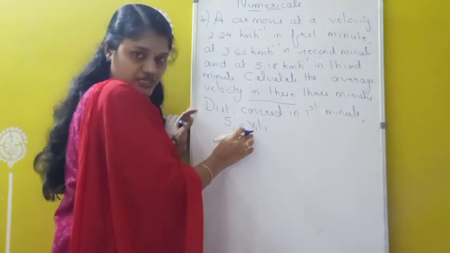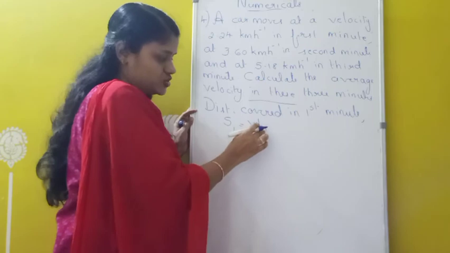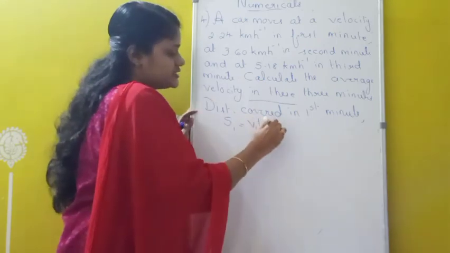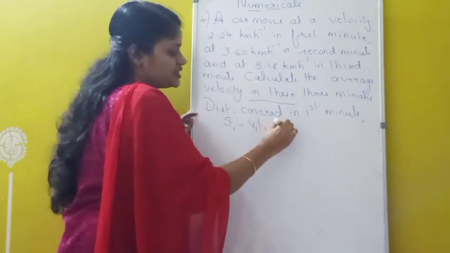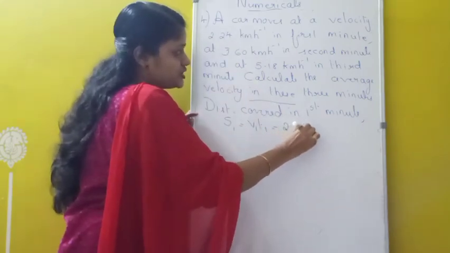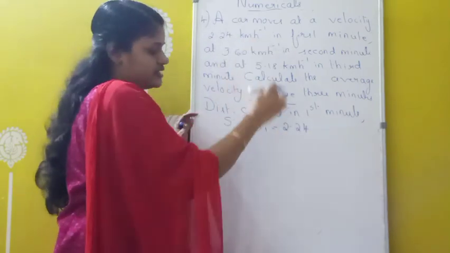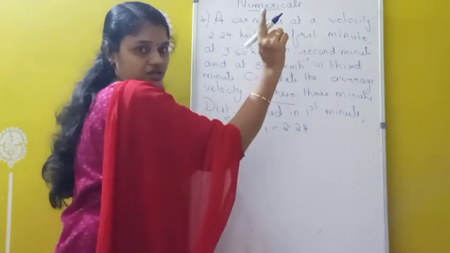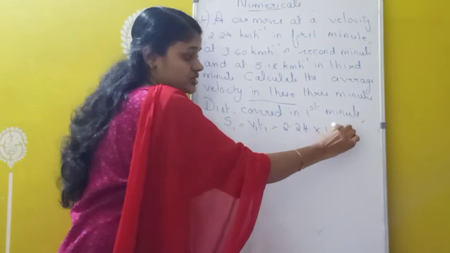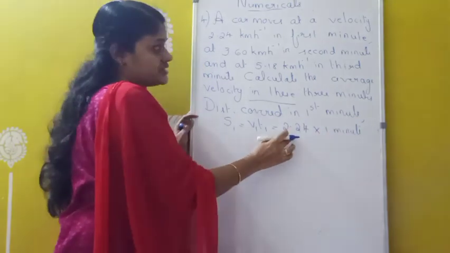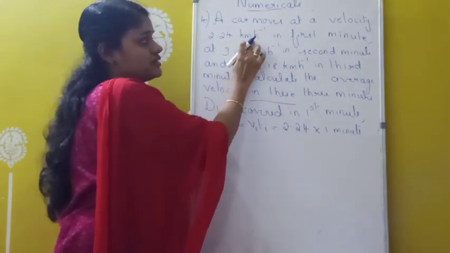So the velocity in the first minute into the time. What is the velocity here? 2.24. So 2.24 km per hour, in how many minutes? In 1 minute, the first 1 minute. And that 1 minute I have to convert into hours, because the velocity is given in kilometer per hour.